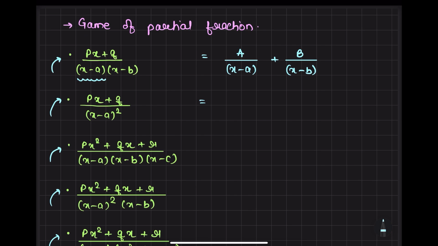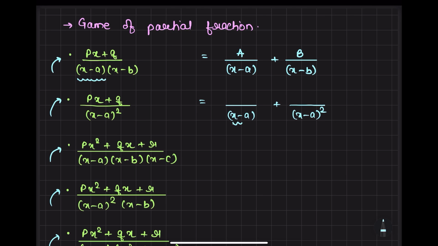Now look at the second example. In this you will observe that you have only one factor, x minus a. You start writing x minus a from power 1 and write till the given power. So 1 is done. Now we have to write one more term, so x minus a power 2. Comfortable?